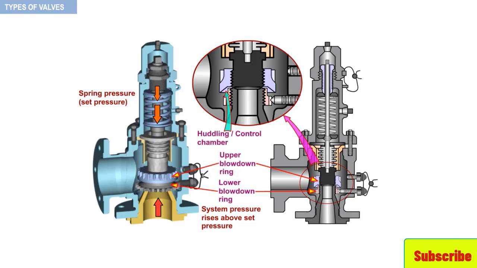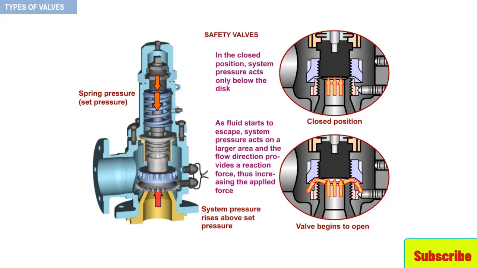As observed here, once the disc opens, the escaping fluid acts on a larger disc area, therefore providing an additional force. The flow direction is also reversed, therefore providing a reaction force which further enhances the lift.